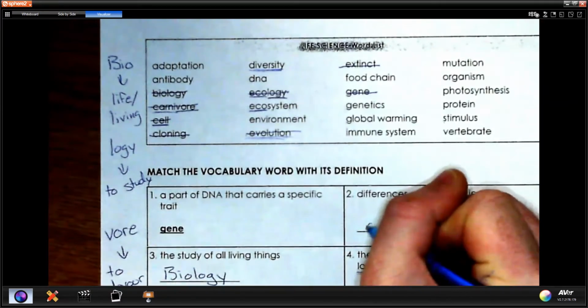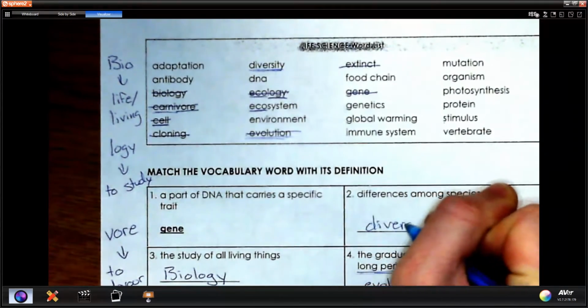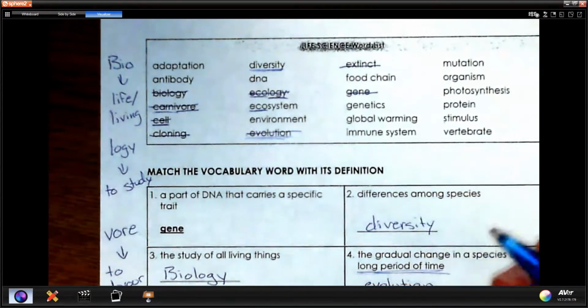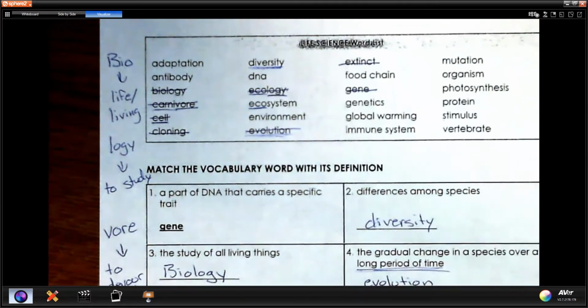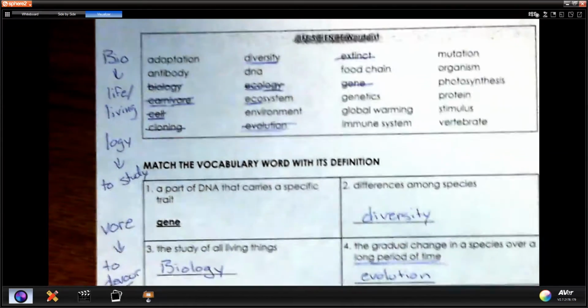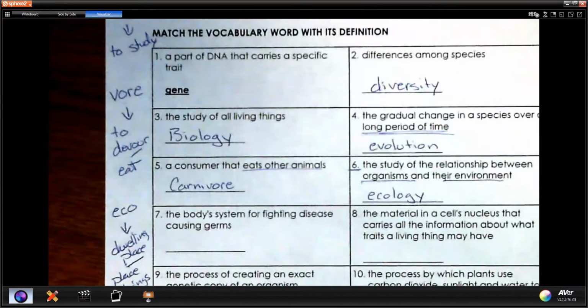So that would go for 2. So diversity describes all the differences among many different groups and species, and even within individual groups of animals and people and plants, that there can be large differences and changes between them.